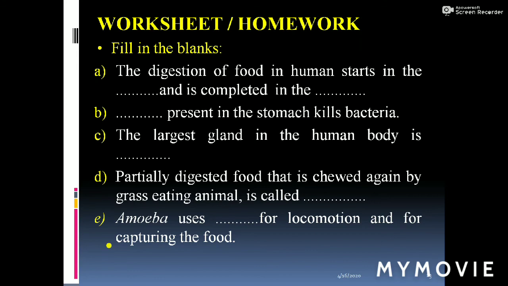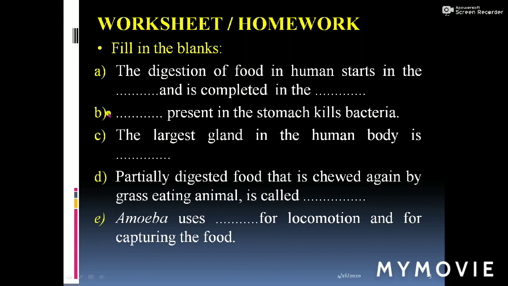Now you see here, what are the worksheets? These worksheets are already in your book, and I have given them to you, and you have to note them down in your notebook. So you see here, you have to fill in the blanks.